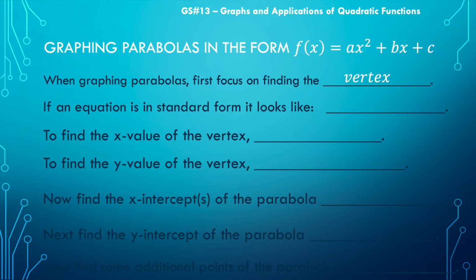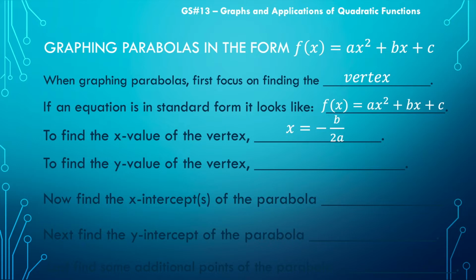If an equation is in standard form, it looks like this: f of x is equal to ax squared plus bx plus c, or y equals ax squared plus bx plus c. Now, if it's in this form, the way we find our vertex is to find the x of the vertex by finding the value of the expression negative b divided by 2a.